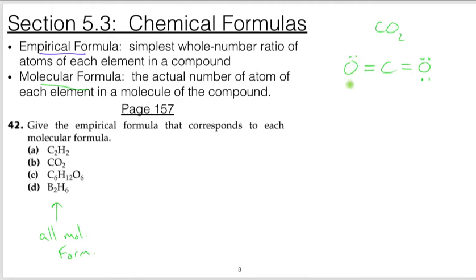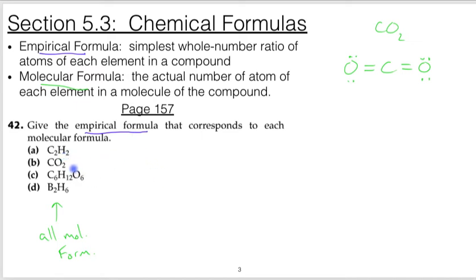But that's what carbon dioxide looks like. It's a linear molecule. It's got a couple of double bonds in there, carbon in the middle. That is the molecule. That is the molecular formula. And I could do a similar thing with every one of these. I could actually draw out the molecule and what it looks like. What the problem is specifically asking for is how do you convert these molecular formulas to the empirical formula?